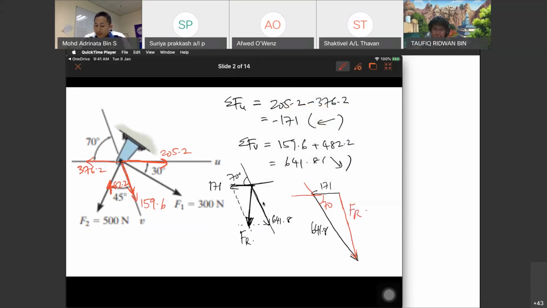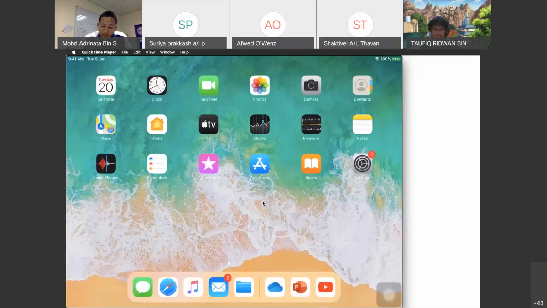Okay, using cosine law, because you have just one angle and you don't know this one.